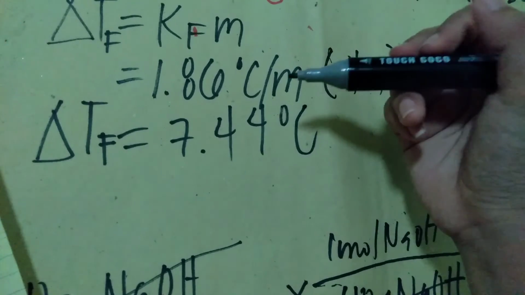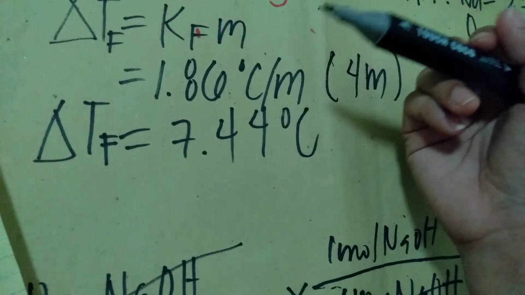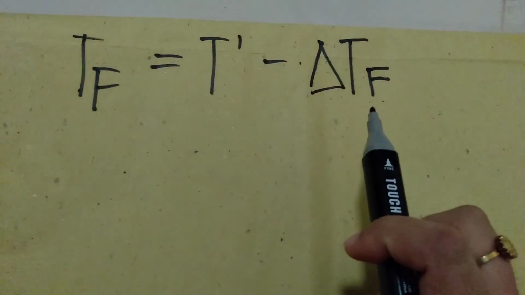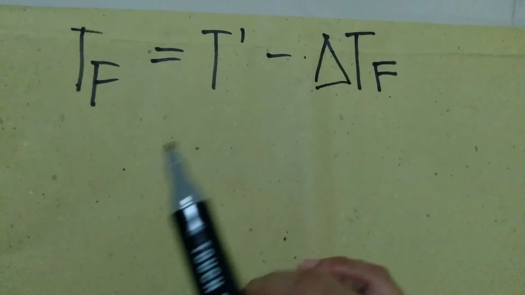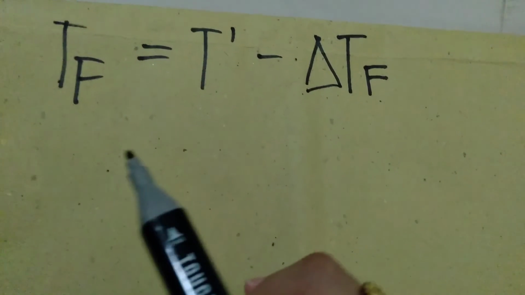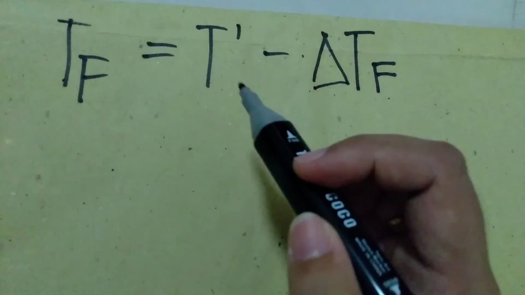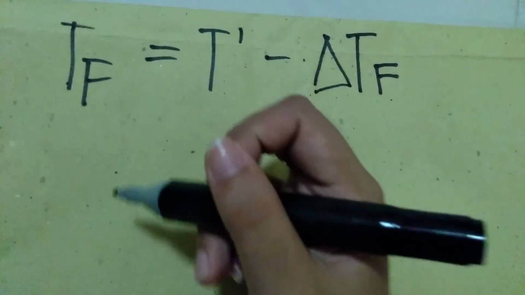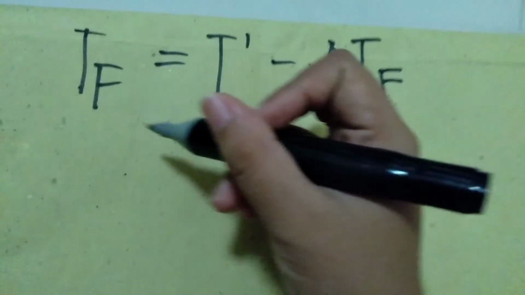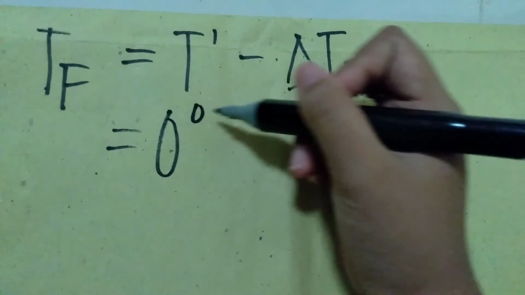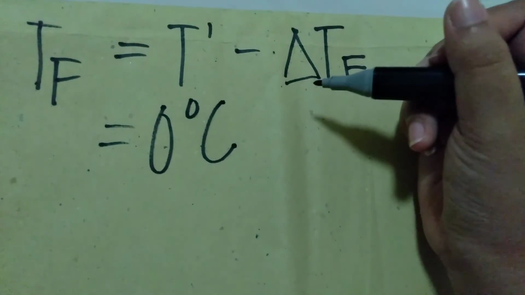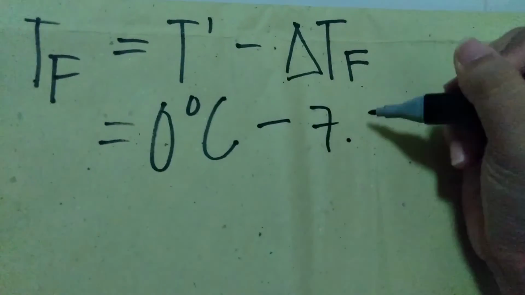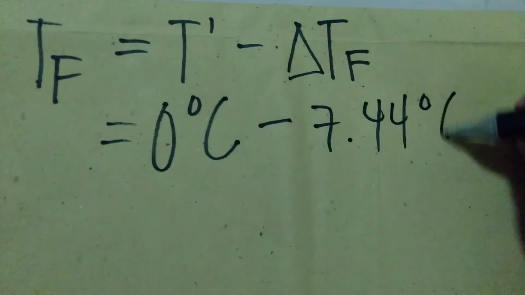So let's find out the change in temperature. This is the formula that we're going to use. So Tf is equal to T, this is the freezing point of water. What is the freezing point of water? It is 0 degrees Celsius. And the delta T is 7.44 degrees Celsius.